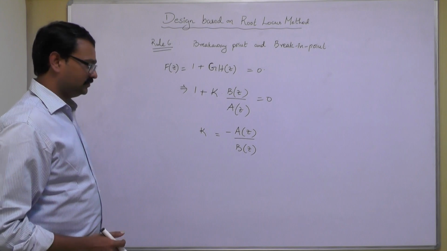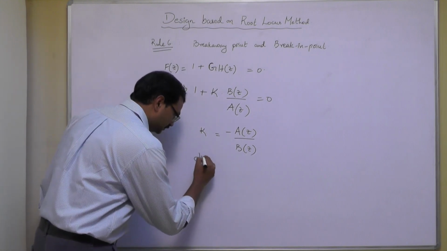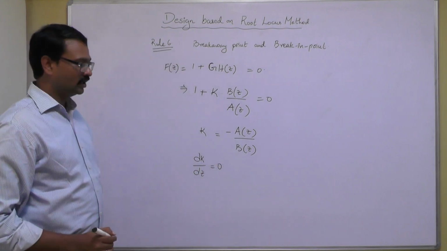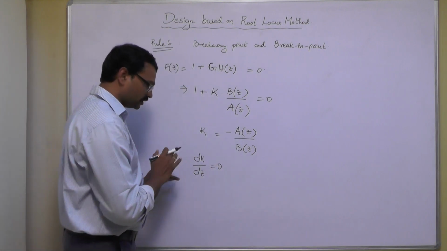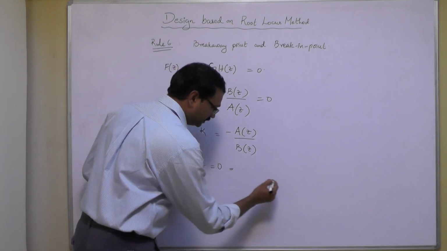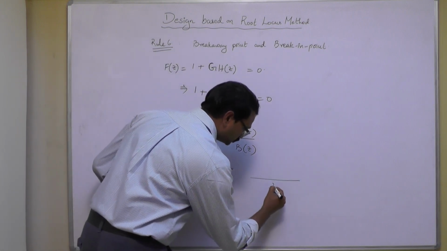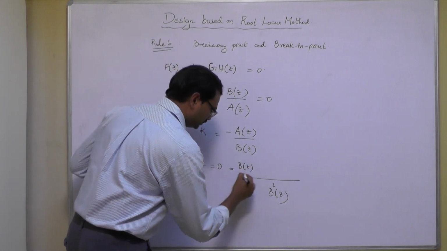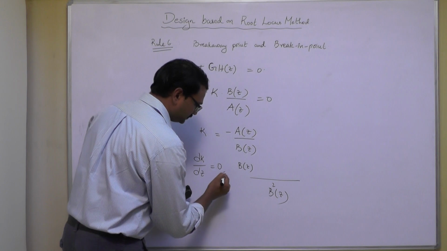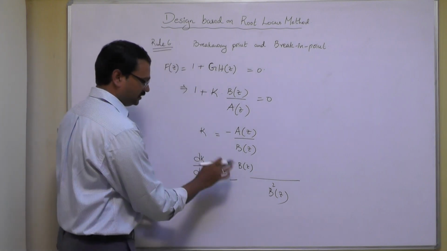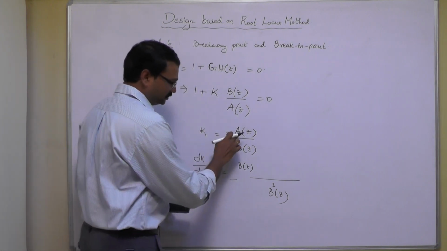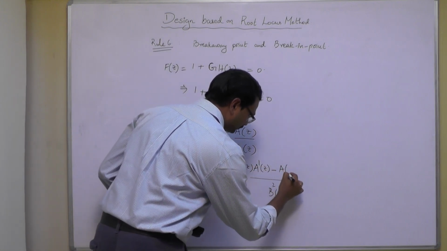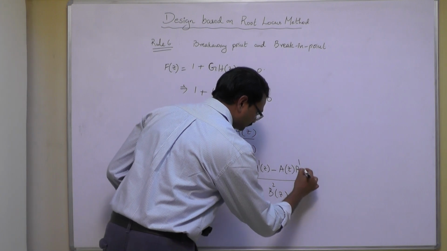Now to find that value, dk by dz is equal to 0. If you consider this equation, what do you get? We have b square of z in the denominator, and in the numerator, with the negative sign left as it is, b of z into a dash of z minus a of z into b dash of z.